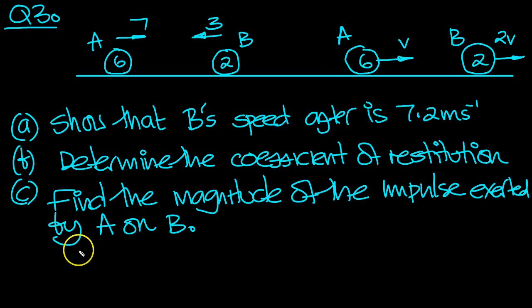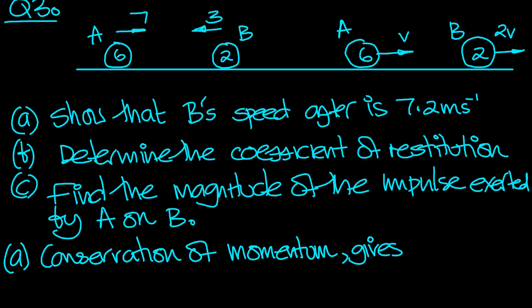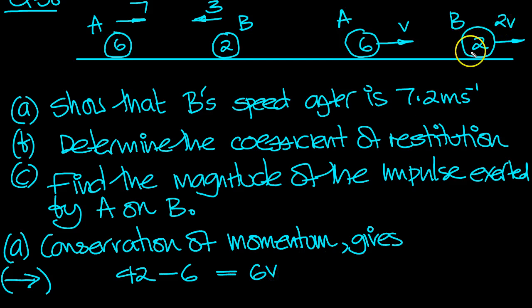So let's have a look at B's speed after, by considering the conservation of linear momentum. Conservation of momentum gives, well, before it's 42 in this direction, so we're going forwards, take away 3 times 2 is 6, that's the momentum before, which is equal to 6v after, plus another 4v here when you do the product.